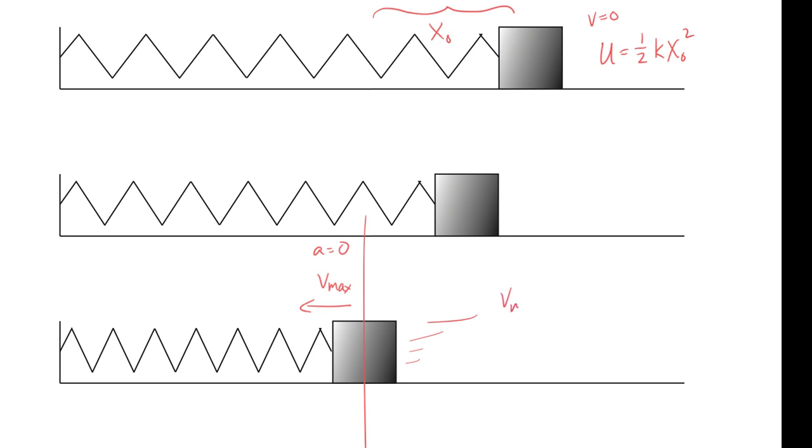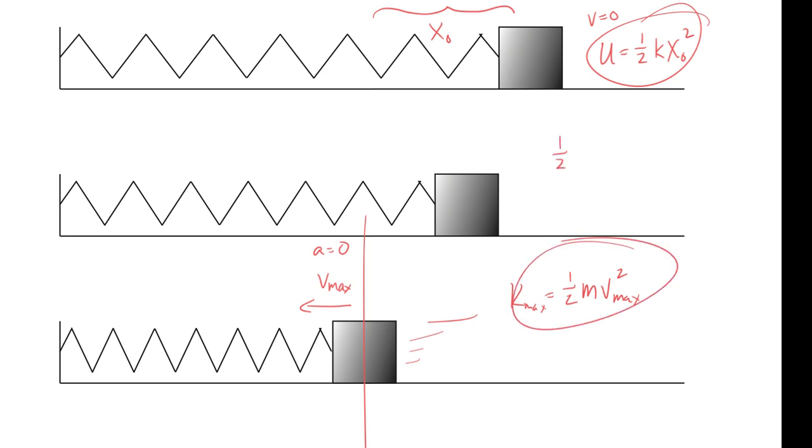K max has got to be 1/2 m v max squared. All of this energy has now been converted to this energy.